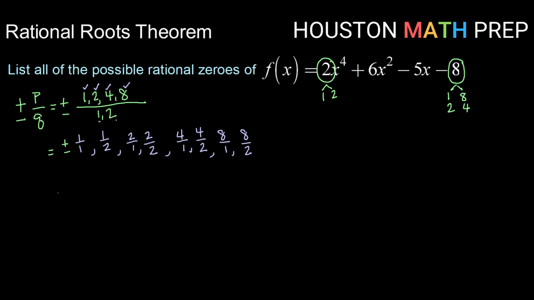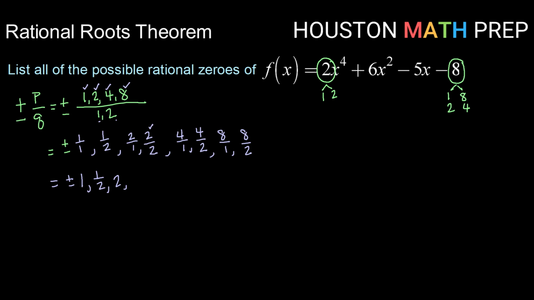From there, we want to go ahead and simplify where we can. So 1 over 1 would be 1, and then 1/2 can't be simplified. 2 over 1 is just 2. 2 over 2 is 1, which is already listed, so I don't need to list it again.